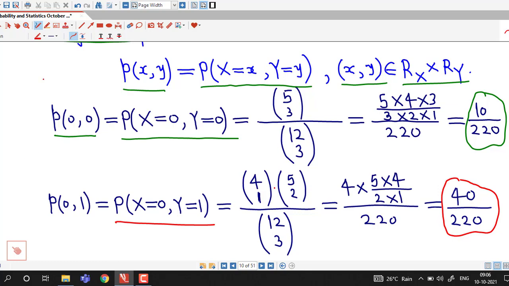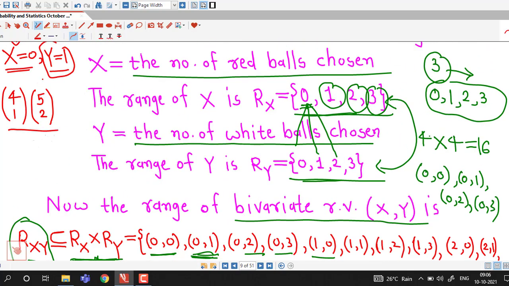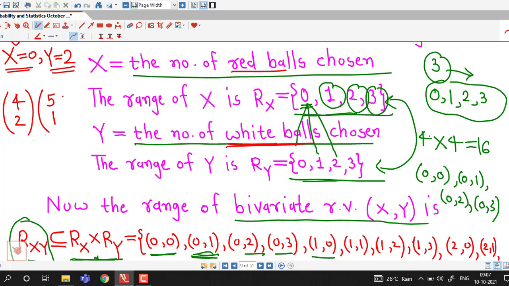And the next pair is (0, 2). If we want to decide the outcomes in favor of this event, X equal to 0 and Y equal to 2. X equal to 0 means there is no red ball, and Y equal to 2 means there are 2 white balls, and total white balls are 4. So 2 white balls can be chosen in 4C2 ways, and 1 ball must come from the 5 blue balls because there is no red ball here.